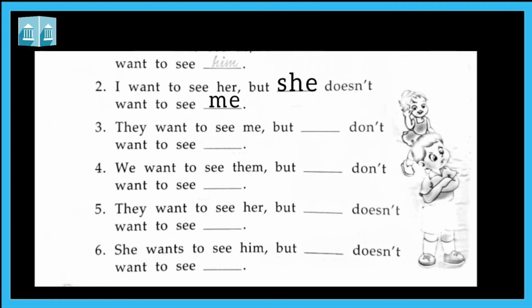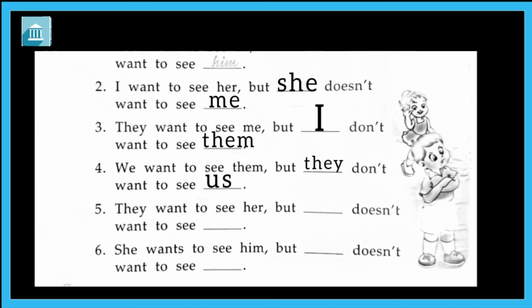Third one, they want to see me but I don't want to see them. I is a subject pronoun and them is an object pronoun. Fourth one, we want to see them but they don't want to see us. They is a subject pronoun and us is an object pronoun.